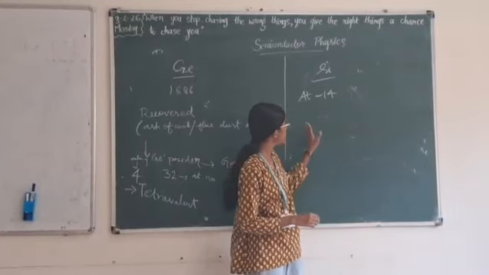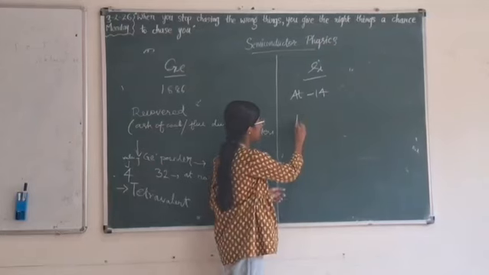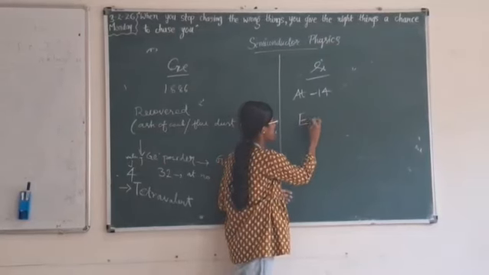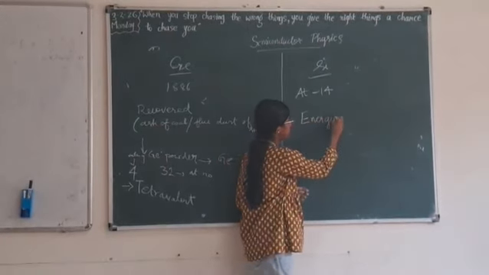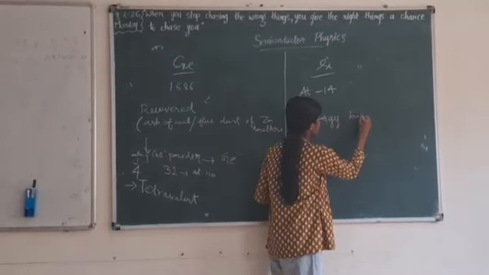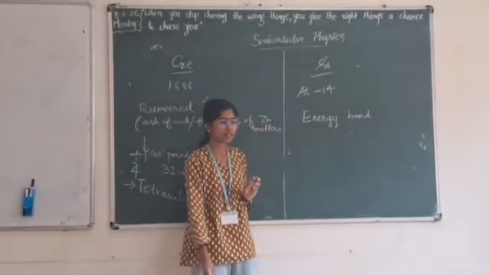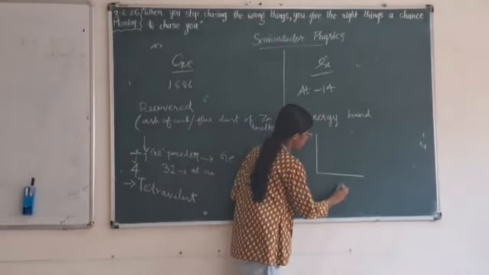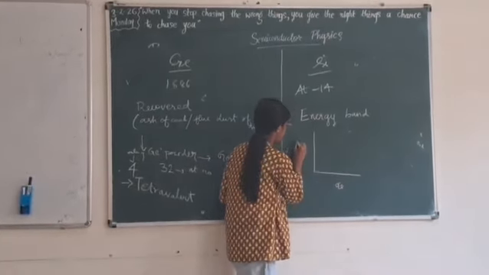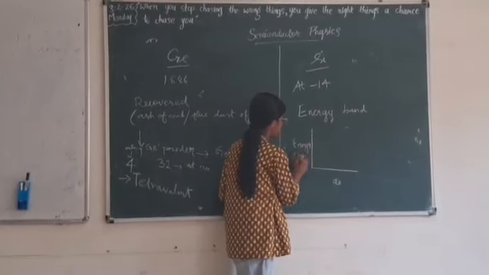So, next we can discuss about the energy band distribution of these atoms. Energy band distribution among the semiconductors, germanium and silicon. First, let's talk about germanium. This is energy. Energy of an electron.